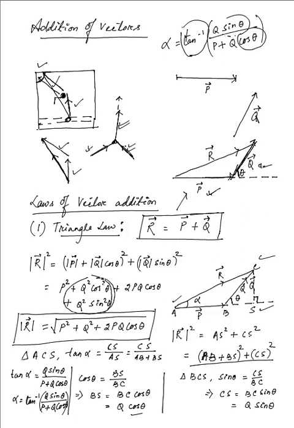So the sine term by cosine term, and it is for the same thing, that is q. So q sine theta by q cos theta. Had it been only q sine theta by q cos theta, we would have obtained tan theta, but that is not the case. We have tan of alpha.